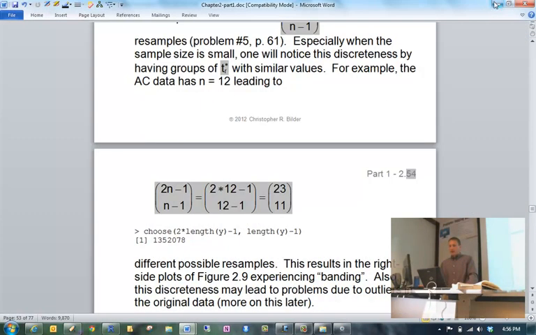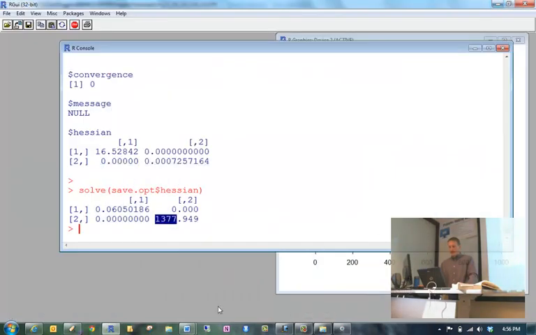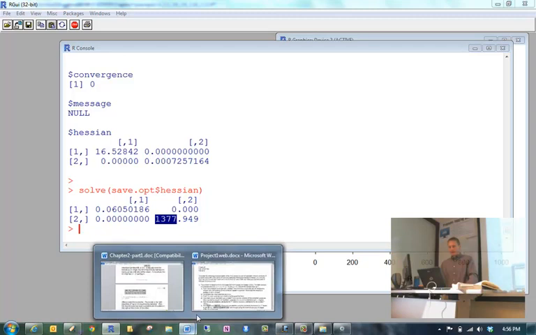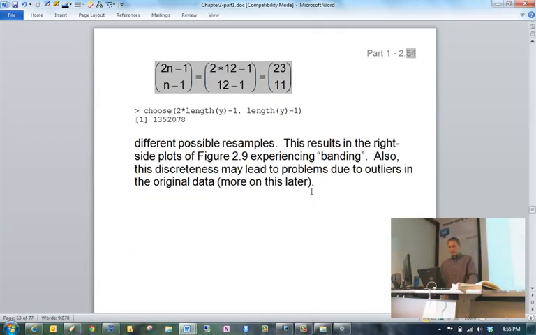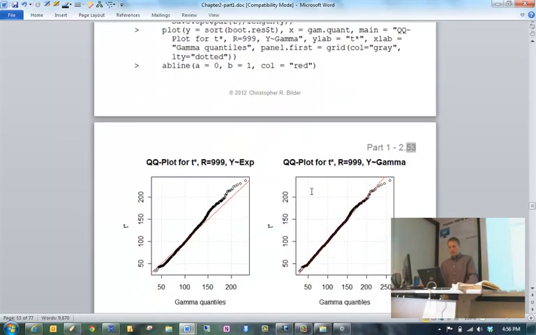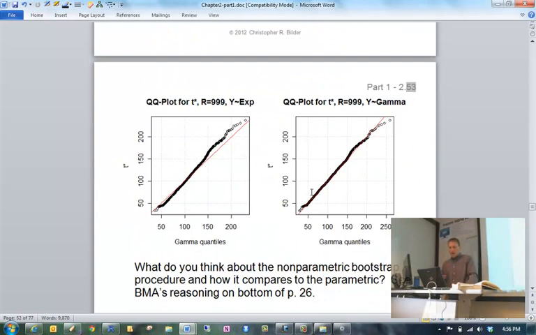Okay, let's take a look at the project. I have a quick question. On your graphs for your QQ plots that we just looked at, on the bottom of both of them it says gamma quantiles. Should the one be X? Yeah, I understand that I use a different x-axis label for this one here.